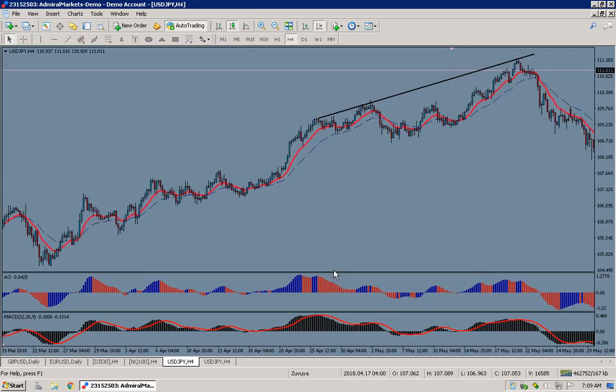As well as the oscillator. Because as you can see, they're both based on this relationship between two moving averages, these black histograms and also the awesome oscillator here. And hence they're creating these intensity readings, so to speak, of how far apart these two moving averages are in relation to each other, and hence it gives you different readings.